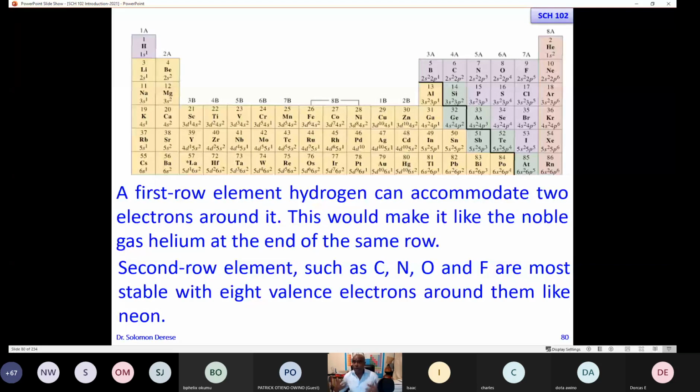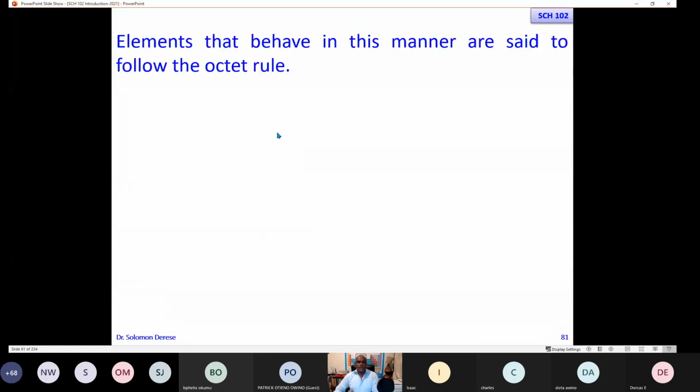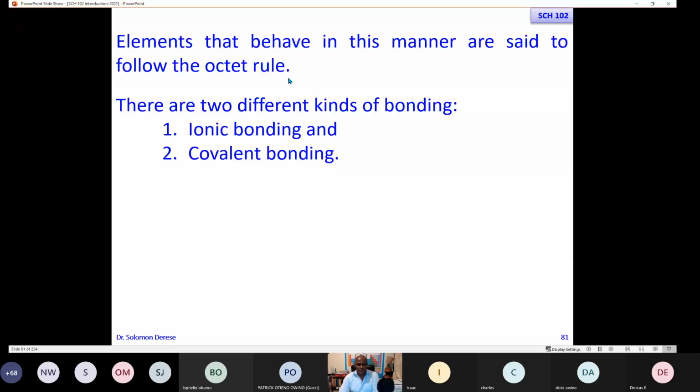So carbon forms 4 bonds, and through each of these 4 bonds, 1 electron is brought to the carbon together with its 4 electrons. These 4 electrons that come from hydrogen, for example, will give the carbon an octet of electrons. So elements that behave in this manner are said to follow the octet rule.